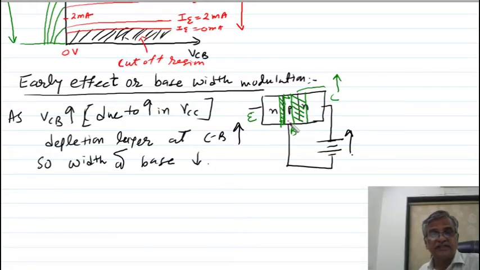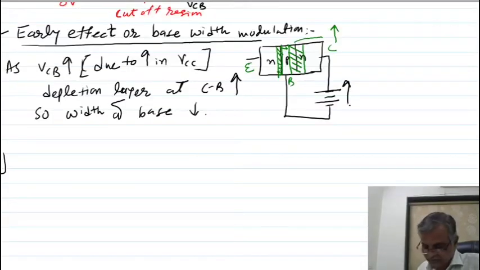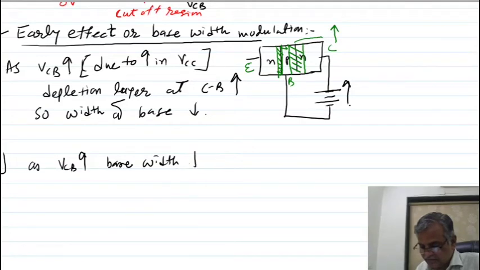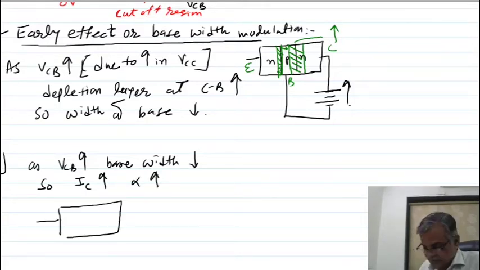This dependency of the base width causes three consequences. First, as VCB increases, base width decreases, so collector current increases, and as a result alpha increases. This is your NPN, this is the collector, and here is VCB.